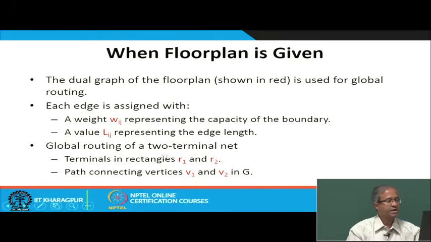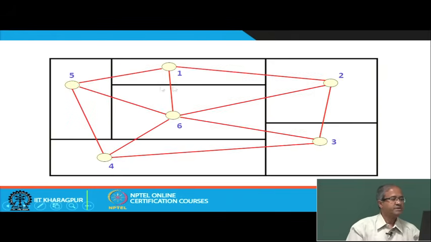Now, when I talk about global routing, we have two terminals located in two different blocks, and we have to find a path connecting them. Like you see in this graph, suppose I have a pin located in block 5, and I have to connect it to a pin located in block 3. Now, this graph has some weights on each of the edges.